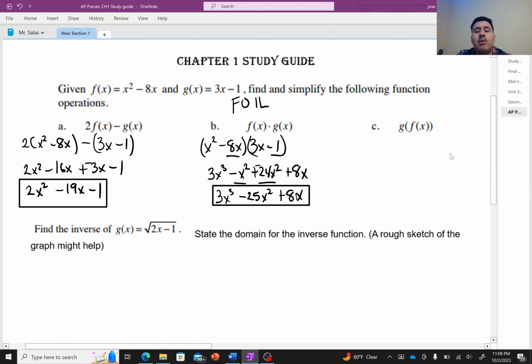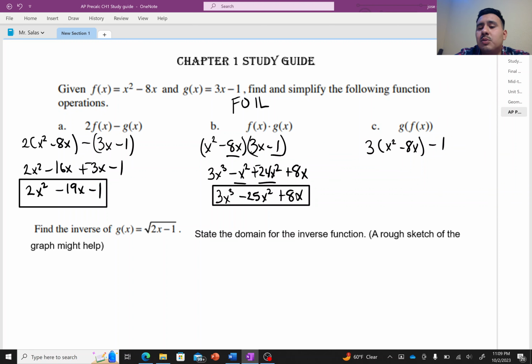Now moving on to this next question, letter C. We're going to do the composition of g of f of x. So that means that in g, which is 3x minus 1, instead of writing x, we're going to write f of x, which is x squared minus 8x, minus 1.